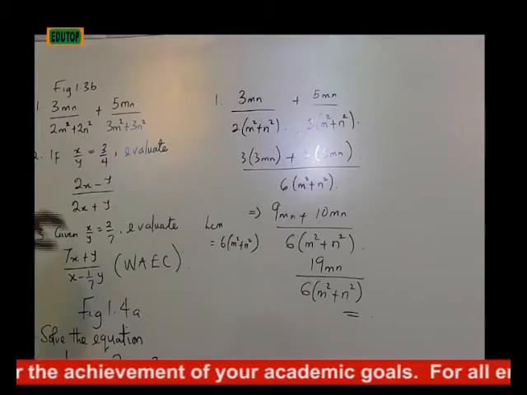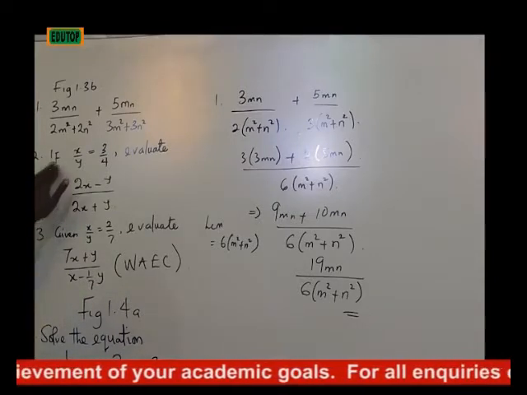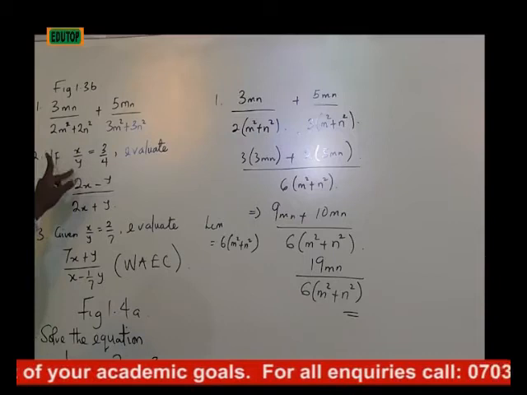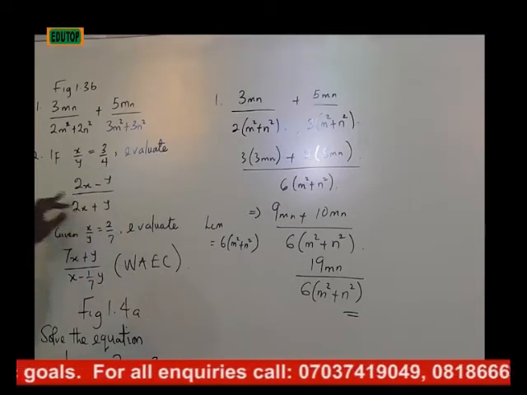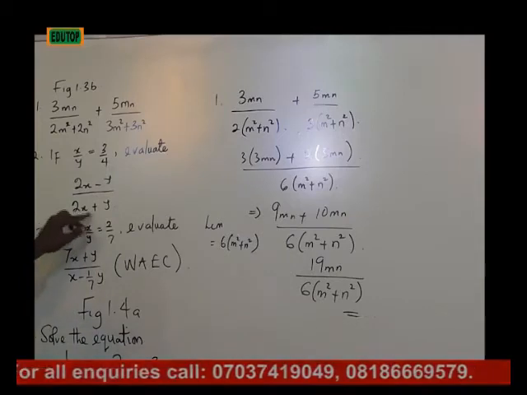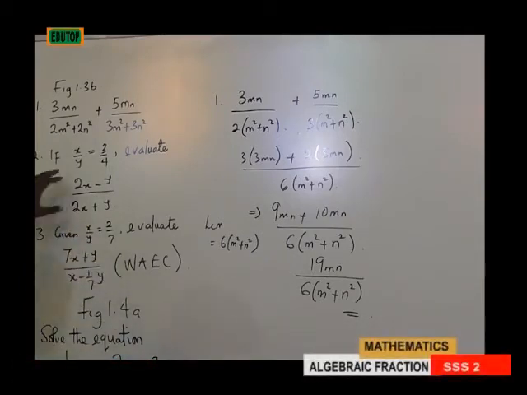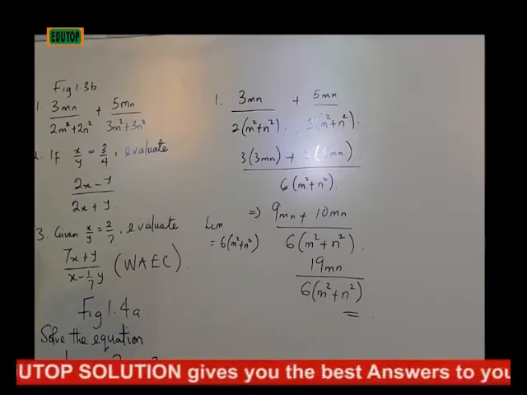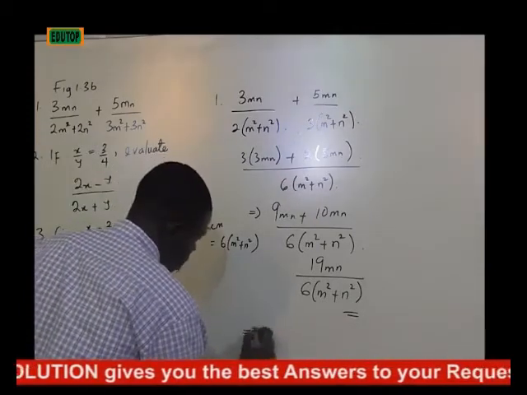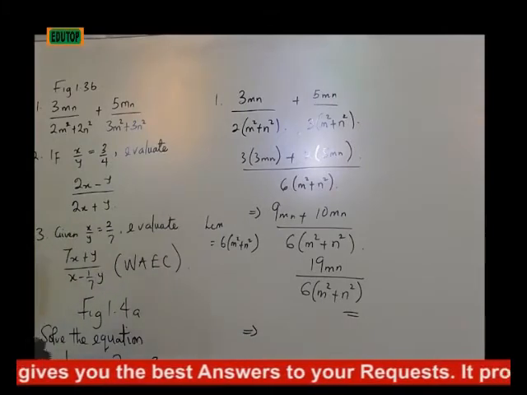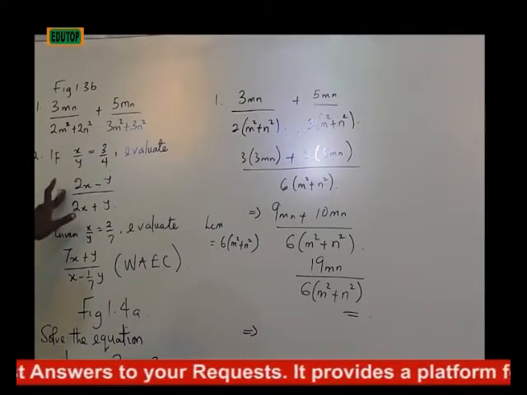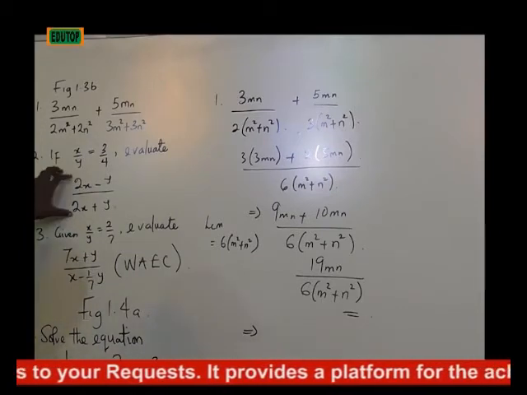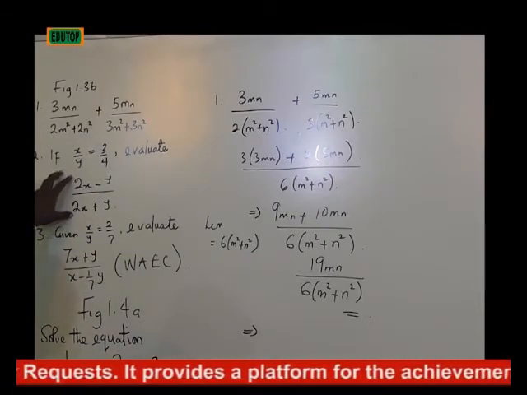In the second case, we have: if x over y is equal to 3 over 4, evaluate 2x minus y over 2x plus y. So automatically this one is not different from the one we saw previously. By employing that same method, we divide this expression by y.